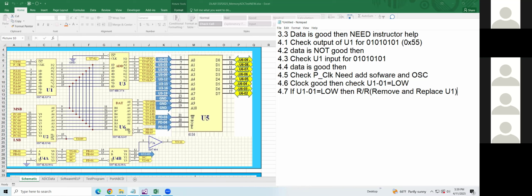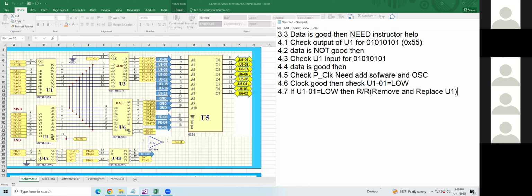If it's working. Now, if U1 pin 2 is not at logic 1, what do you think you can do? Well, you start checking everything.